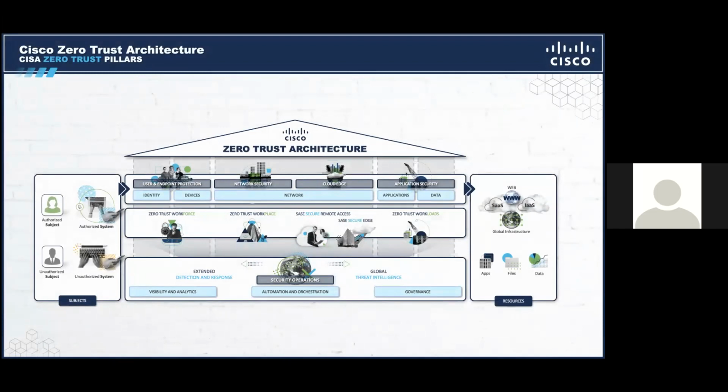This slide shows the overall mapping. When we talk about our workforce, we're taking the identity and devices pillars. The workplace is the network pillar. And the workload touches on both the applications and the data pillars according to the CISA model.